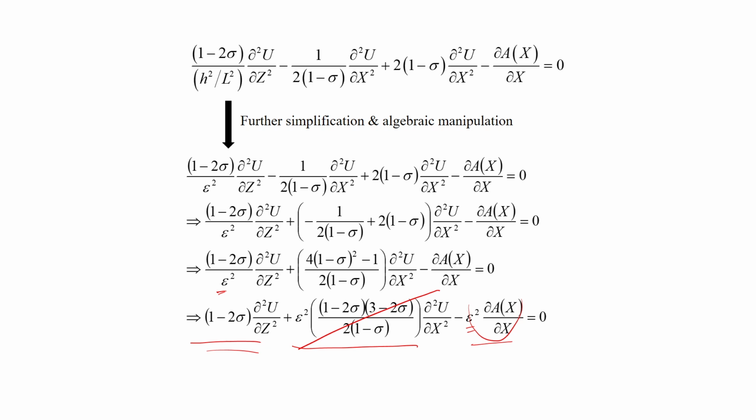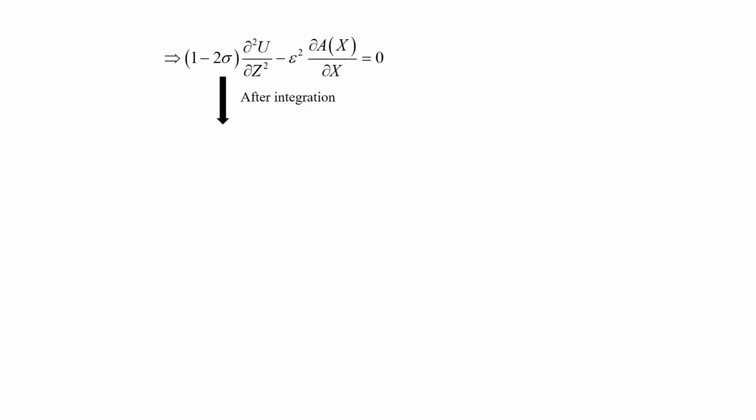Therefore, we will have 1 minus 2 sigma into del square u by del z square minus epsilon square into del of a of x by del x is equal to 0. That will be the equation, smaller than other terms.